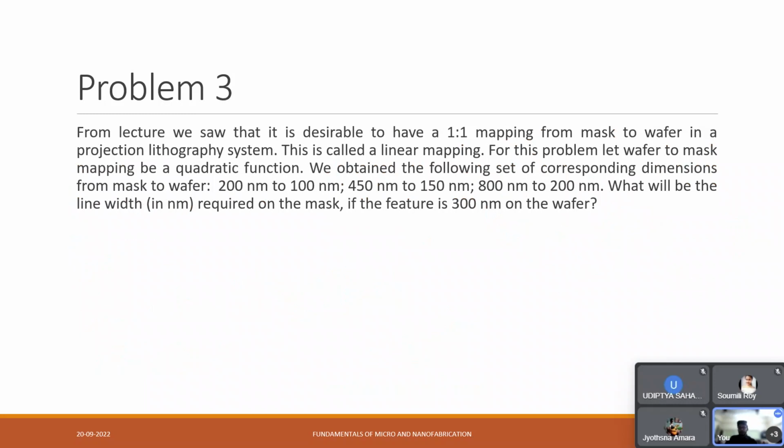From the lecture we said that we will have 1:1 mapping of mask to wafer in a projection lithography system, and this is called linear mapping.